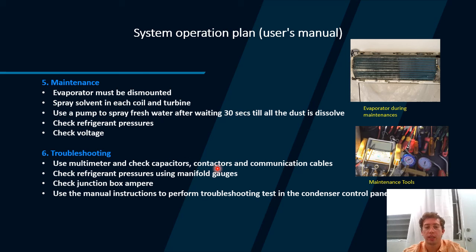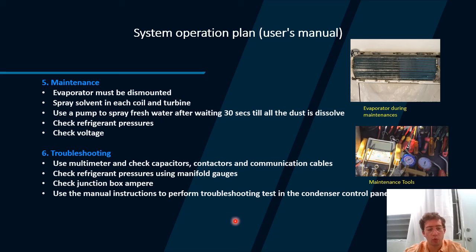For the contactor, you can check the voltage or the amperes, and communication cables you can check the same way. For refrigerant pressures, if you seem to have low pressure, you can use a manifold gauge to detect if there is some leak or if there is some refrigerant that you need to add to the equipment. Another thing, you need to check the junction box amperes, because sometimes those cables can get rust or have many problems and you may need to change them or connect them better.